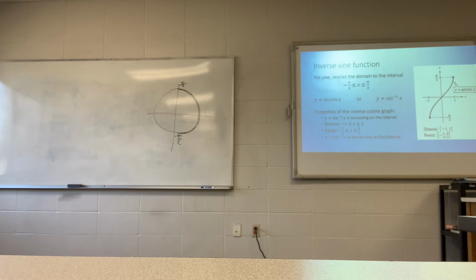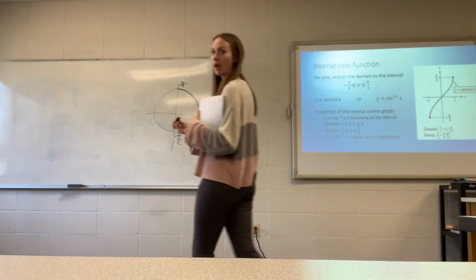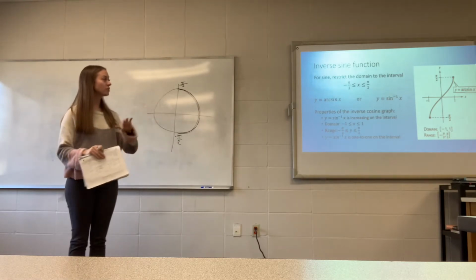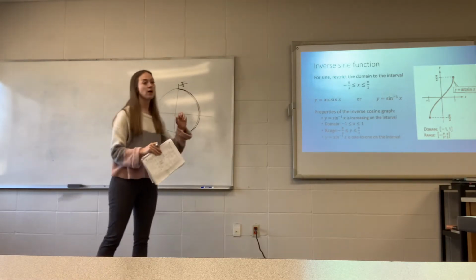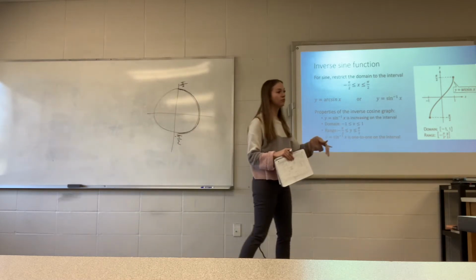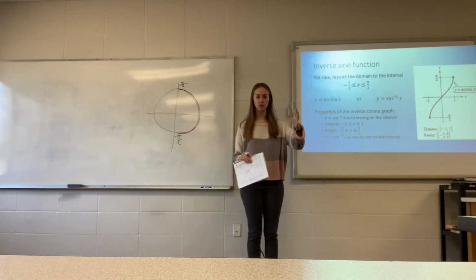Now, just a little bit about the actual inverse sine graph. Since we restricted our sine domain from negative pi over 2 to pi over 2, if I take the inverse of this, graphically what's going on is you're reflecting over the line y equals x.